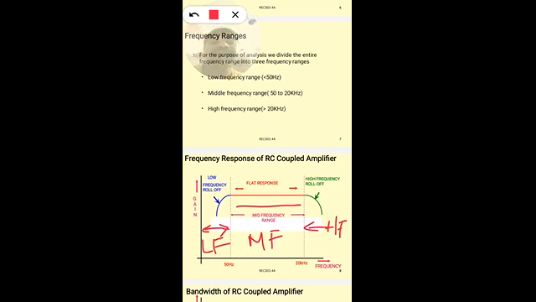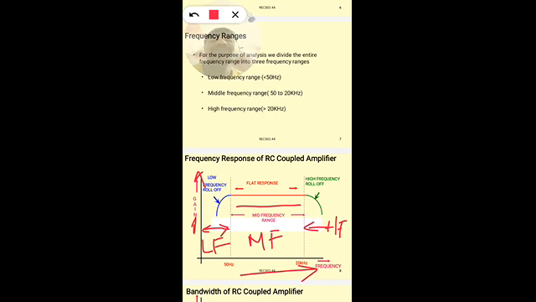The frequency response of an RC coupled amplifier is the curve showing the variation of the gain. Here gain is varying on the y-axis with the input signal frequency. When we see the frequency response curve, we can observe that the gain falls both at low frequency and high frequency regions, and it remains constant in the mid frequency region.